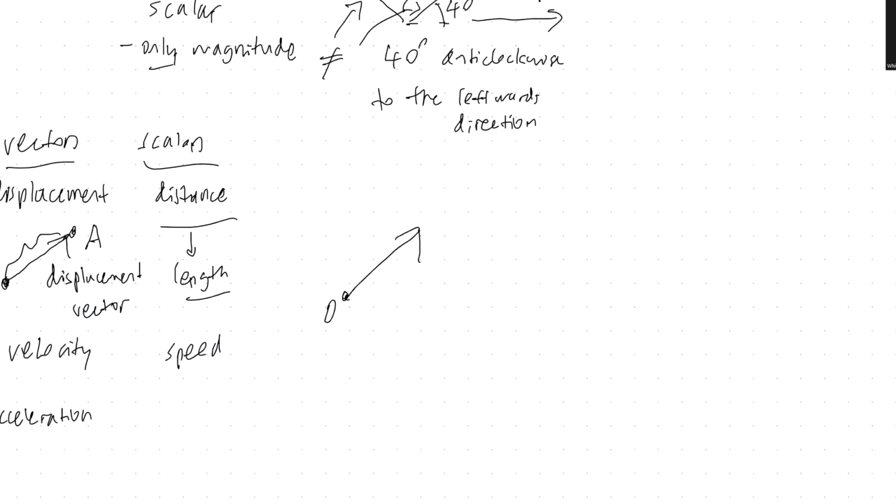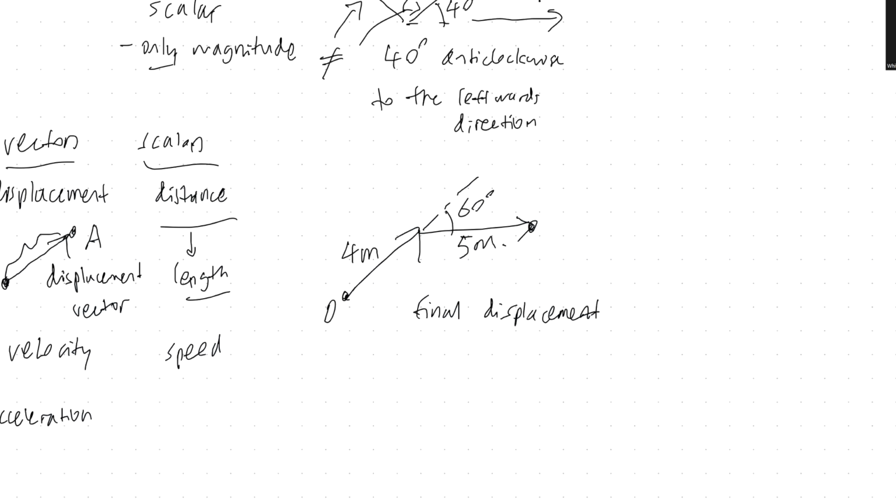Then afterwards, the boy changes his direction of motion to a direction that is 60 degrees from his initial direction of motion. So he now moves in a different direction and he moves a distance of, let's say, 5 meters. So initially he moves 4 meters and now he moves 5 meters. And so the question is, what is the final displacement of this boy with respect to the initial position, O?